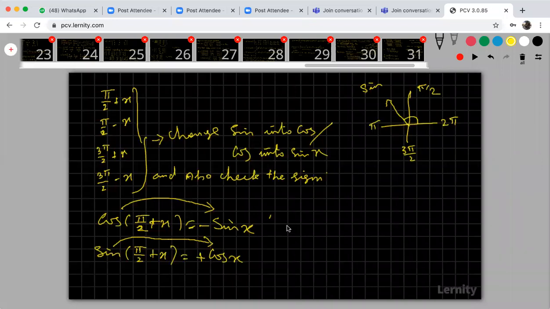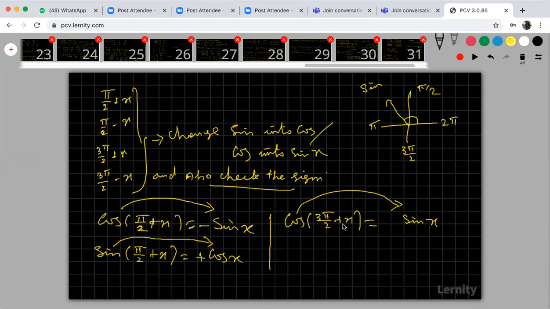Suppose I am coming to cos of 3 pi by 2 plus x. I have already told that 3 pi by 2 plus x means change sine to cos, cos to sine. Here also change this cos to sine, sine x. And check this sign. Sign means plus or minus. Now look at that, 3 pi by 2 plus x means fourth quadrant.